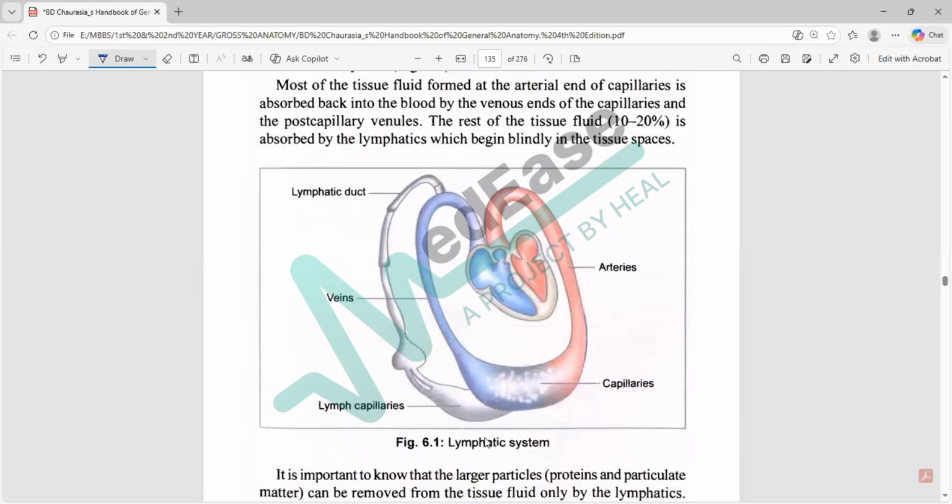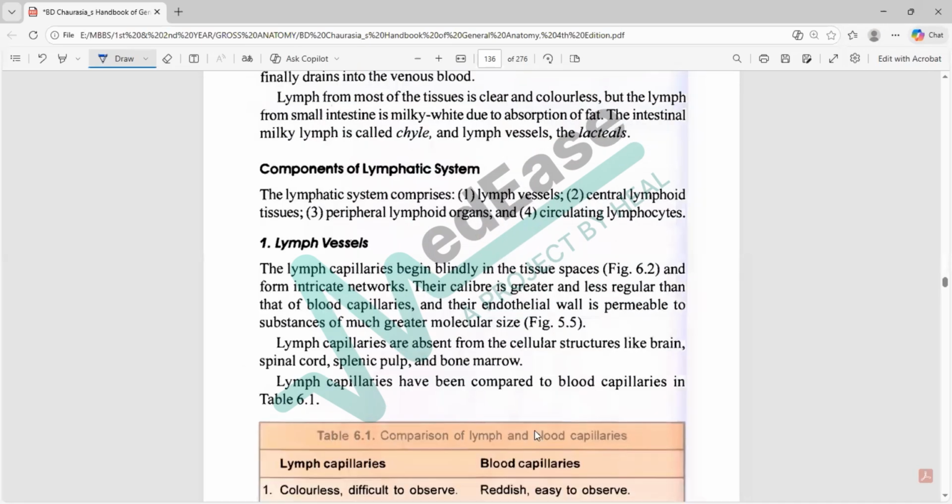Here you can see in this diagram, it carries the fluid which has leaked out, which is the tissue fluid, from the tissue spaces all the way back to the veins mainly. Now, when we talk about the components of the lymphatic system, we need to remember it is divided into four major parts: the lymph vessels, the central lymphoid tissues, the peripheral lymphoid tissues, and the circulating lymphocytes mainly.